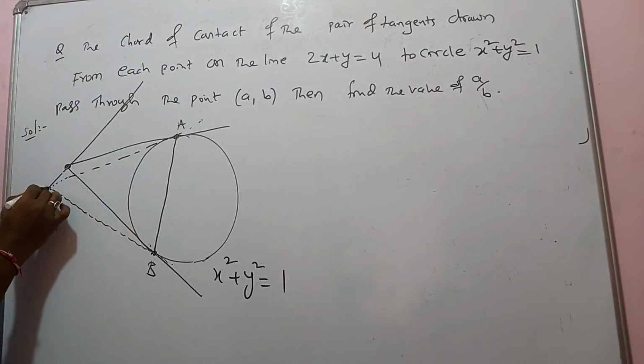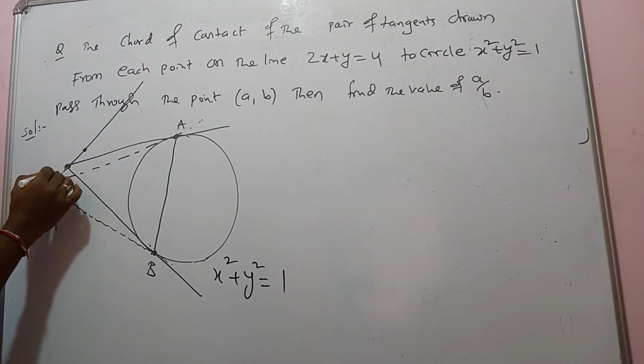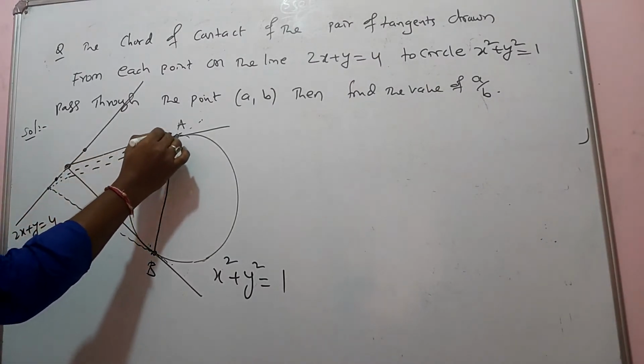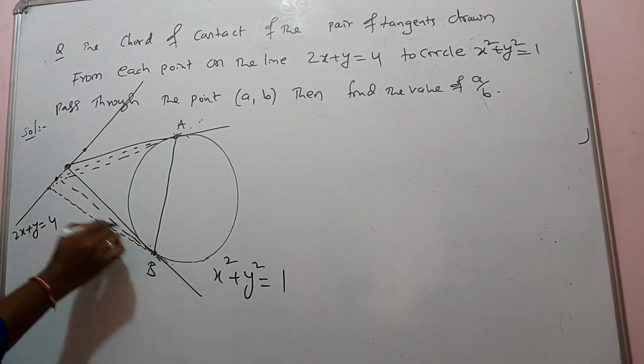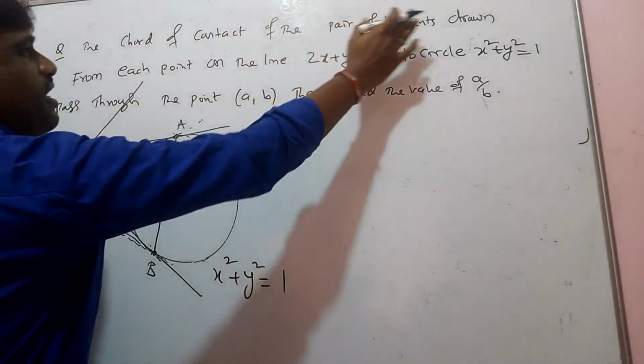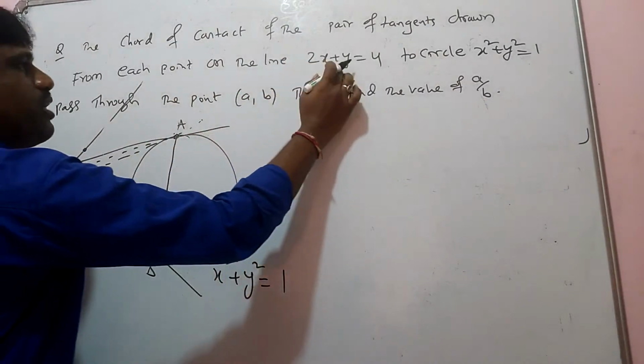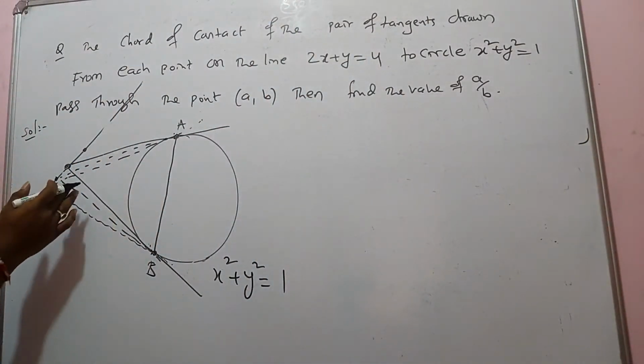This is one point, this is another point, like that from many points on this line, I can draw one pair of tangents. It is saying the chord of contact of the pair of tangents drawn from each point on the line 2x plus y is equal to 4. We don't know where this line is.